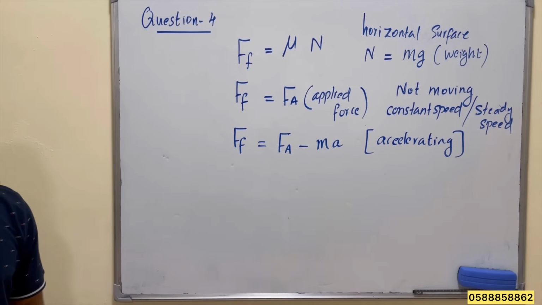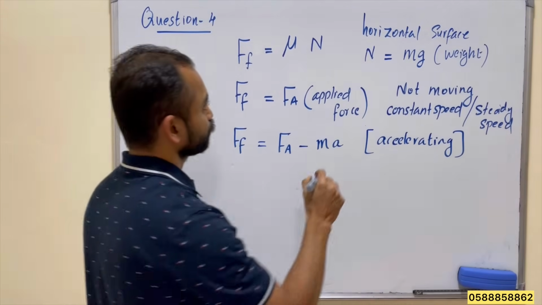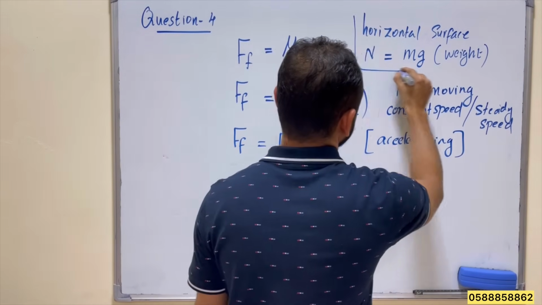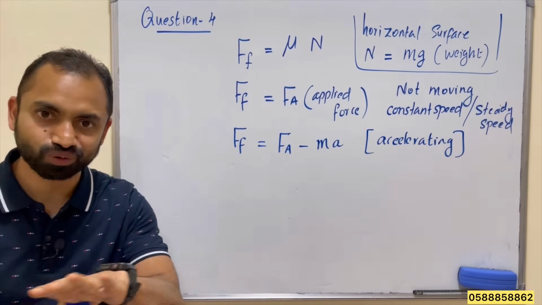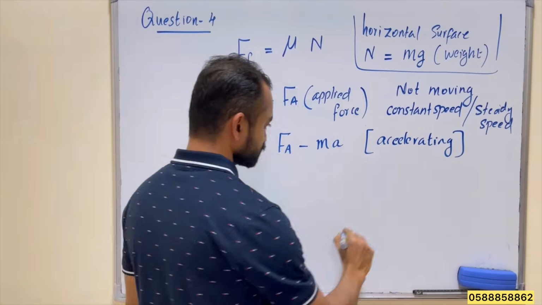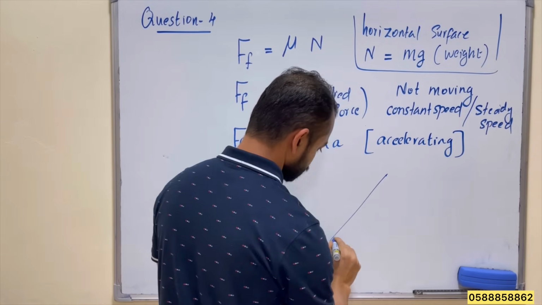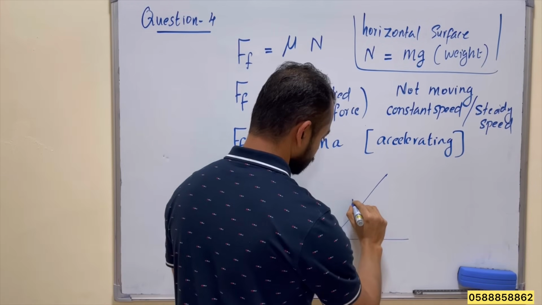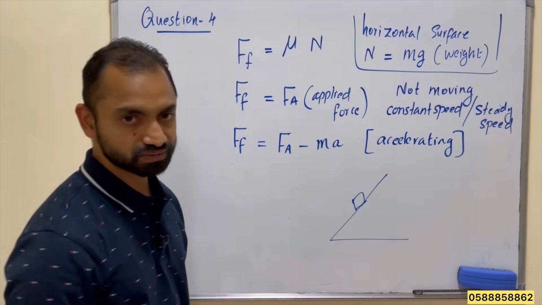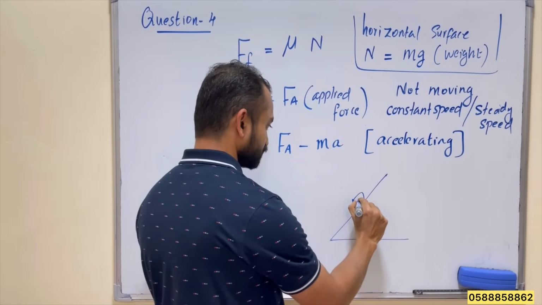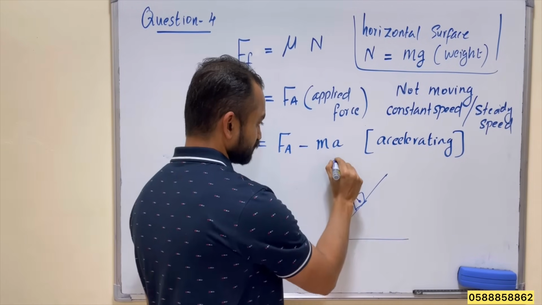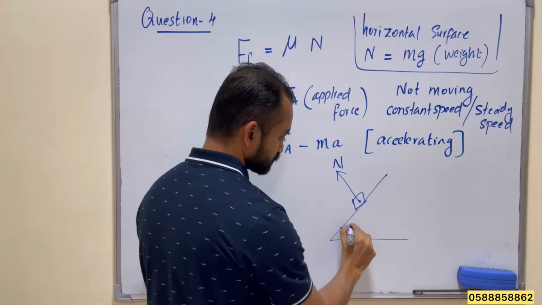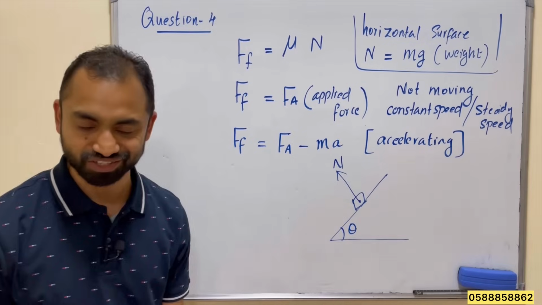And here I forgot to add one more thing. For example, if the surface is not a horizontal surface, if the object is on an inclined surface like this, the normal force will always be normal to the surface. This is an inclined surface, and theta is the angle of inclination.